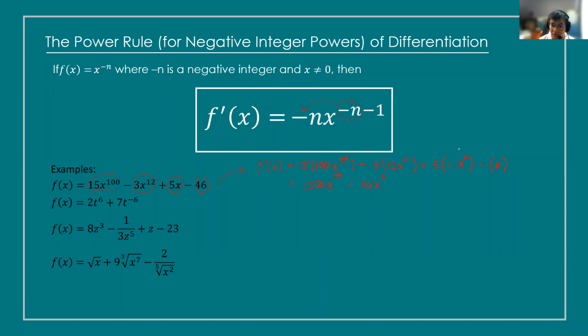So 5 times 1 times 1 would be equal to 5. Of course, you may not write 0 anymore, because it is redundant if you always try to write 0.